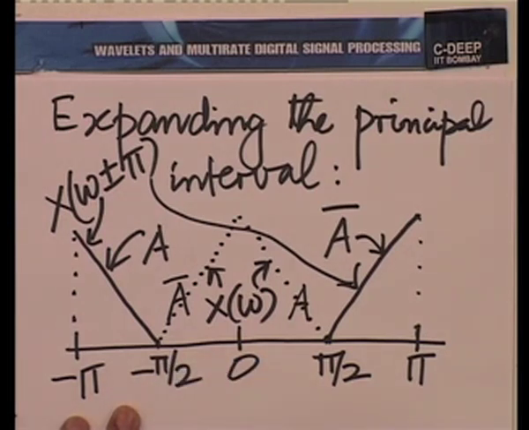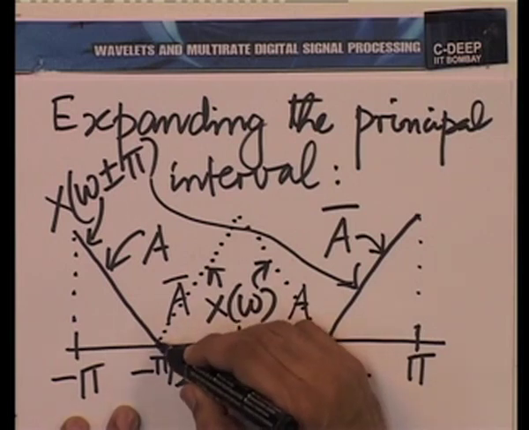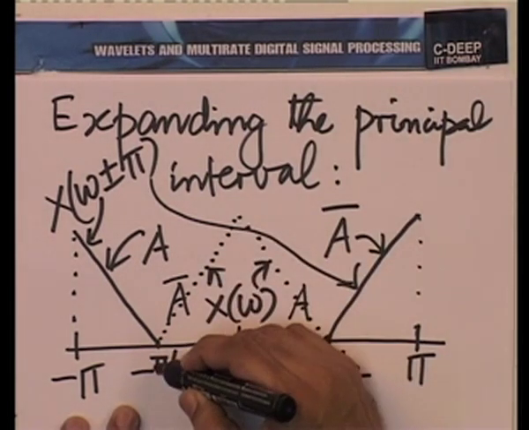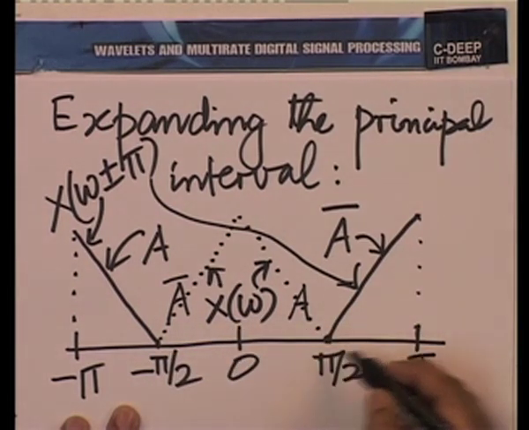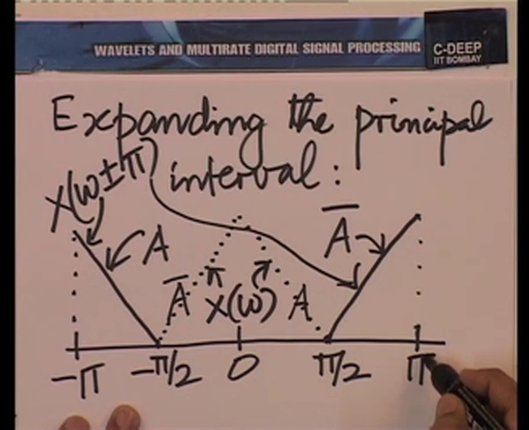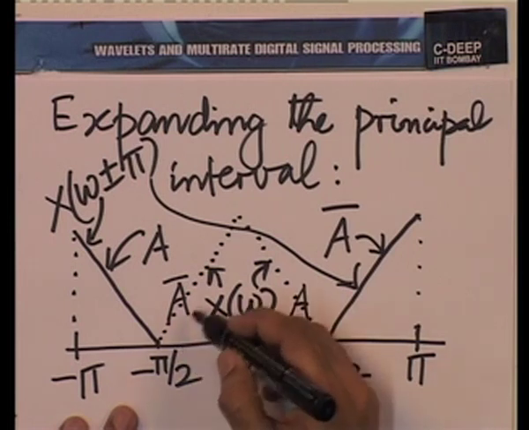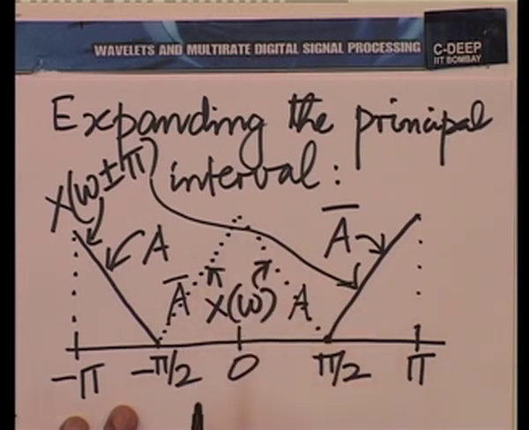So, what has happened is in effect these so called negative frequencies between minus pi by 2 and 0 have now appeared between pi by 2 and pi. So, two things have happened. The order of the frequencies has been reversed.